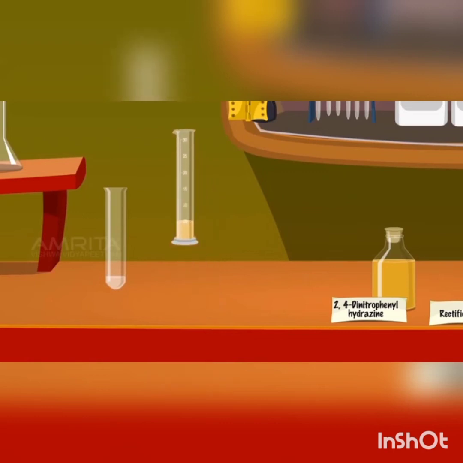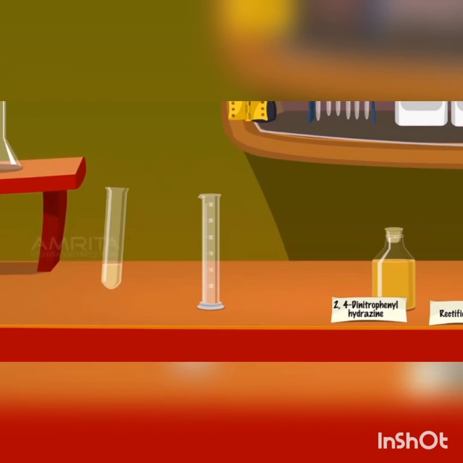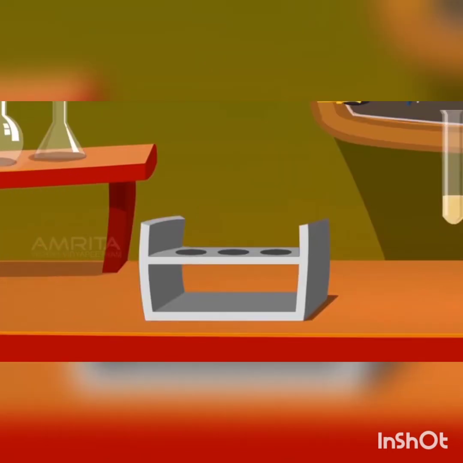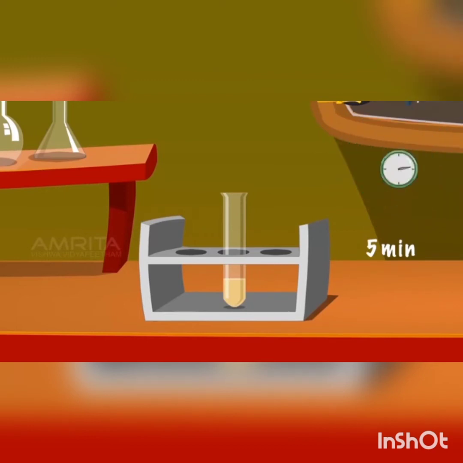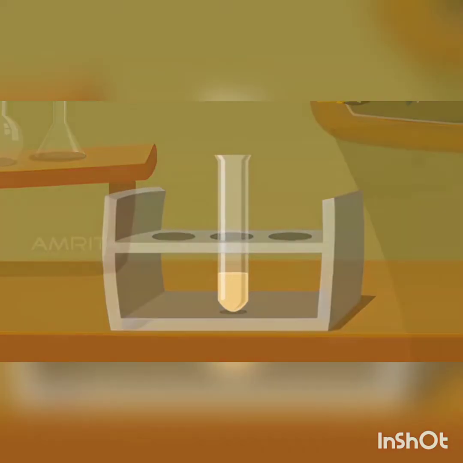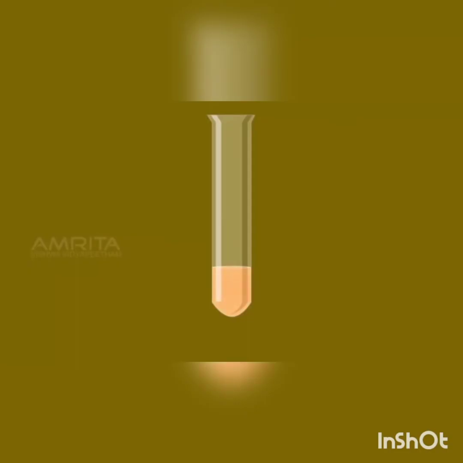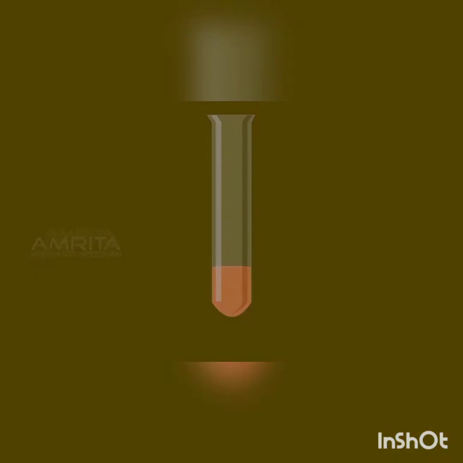Add it to the test tube. Shake the mixture. Allow it to stand for 5 minutes. Yellow or orange crystals form indicating the presence of aldehydes or ketones.